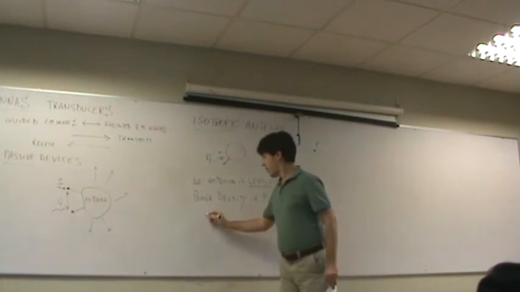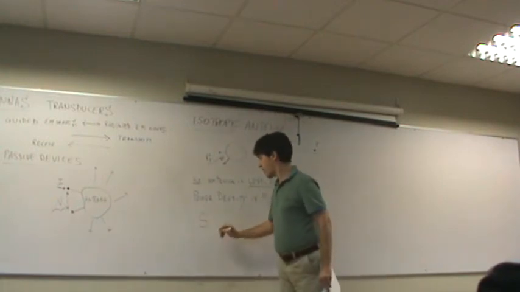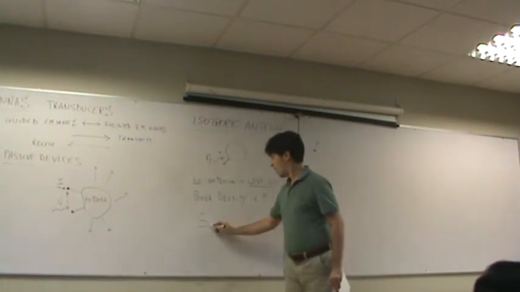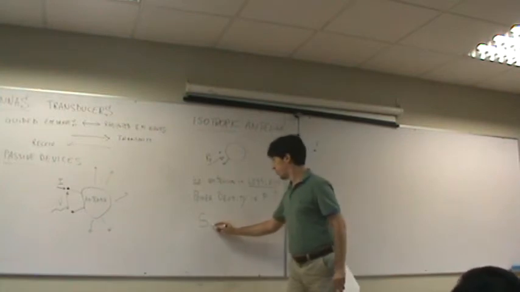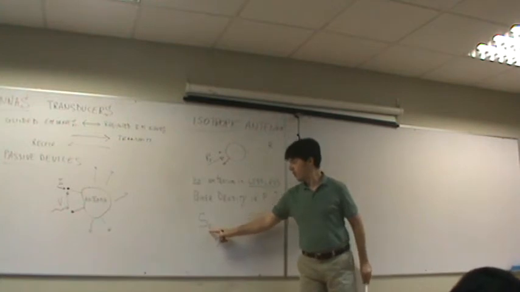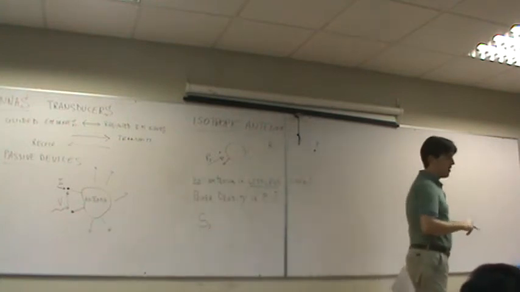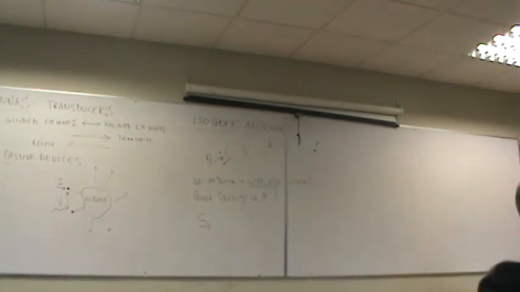Remember, we call the power density the Poynting vector S. And we call this power density SI. That means incident, the I stands for incident power density.